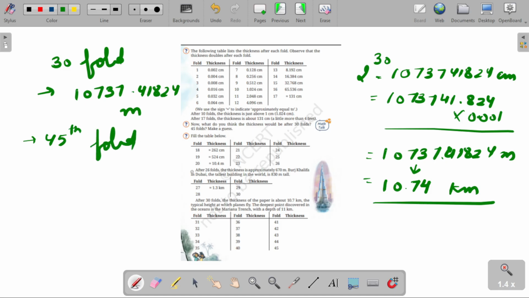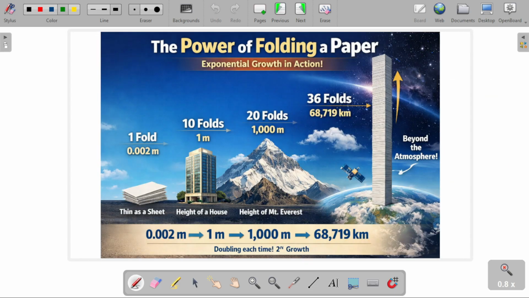So if you compare after the 30th fold, the thickness will be 10.7 kilometers. That is the height where planes fly, and it is about the deepest point discovered in the Mariana Trench, which is 11 kilometers.